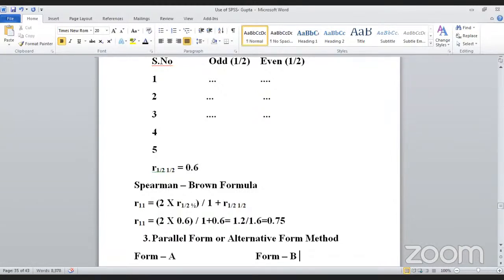Now you do require these two forms because sometimes you are administering the same tool for the selection purpose twice in a particular city. And if you do not have a parallel form, then whatever the test you administer in one particular institute, by evening, majority of your items will be out.